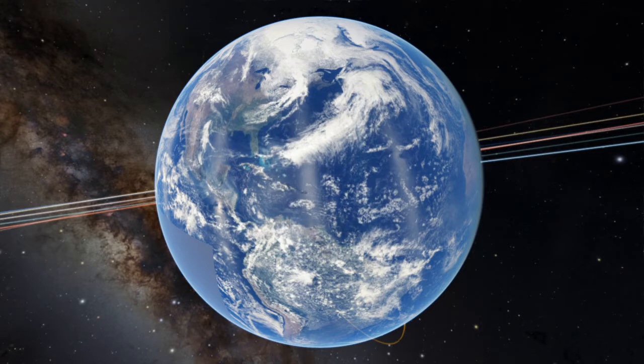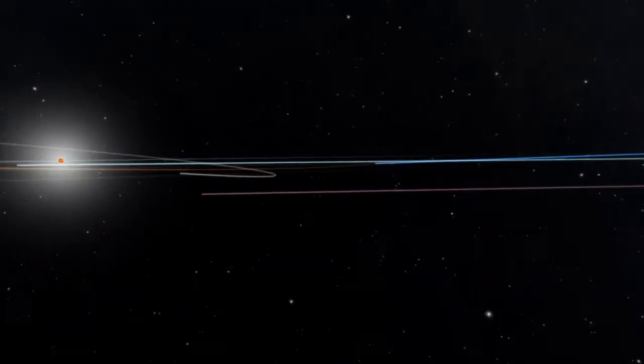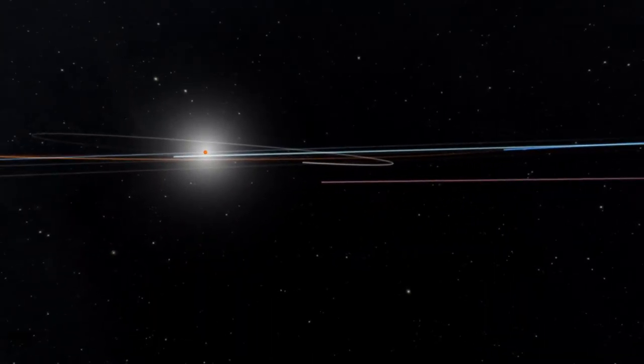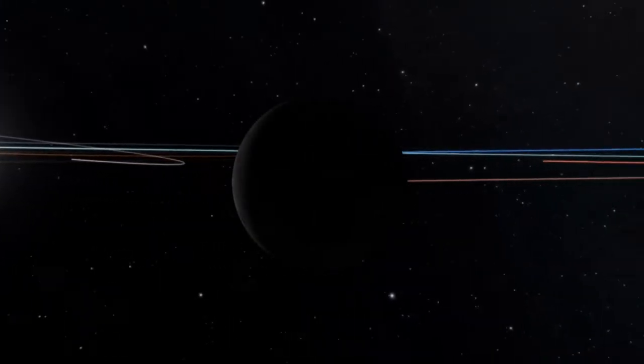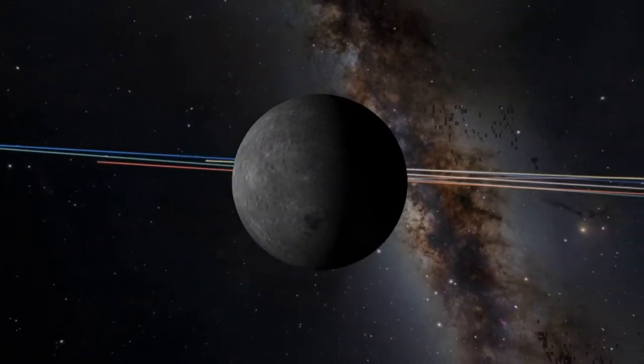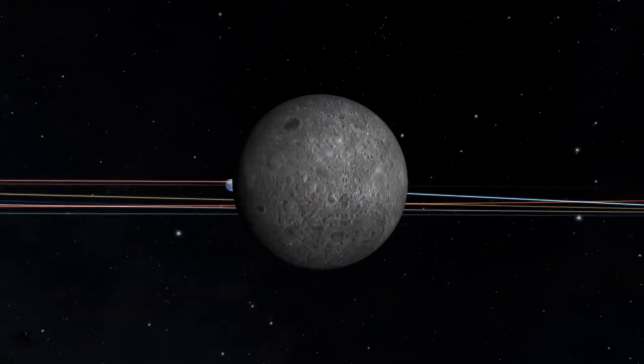Now, Earth has a companion, our moon, which we know and love. And so our moon is about a fourth the size of Earth, which is actually pretty big for a moon.